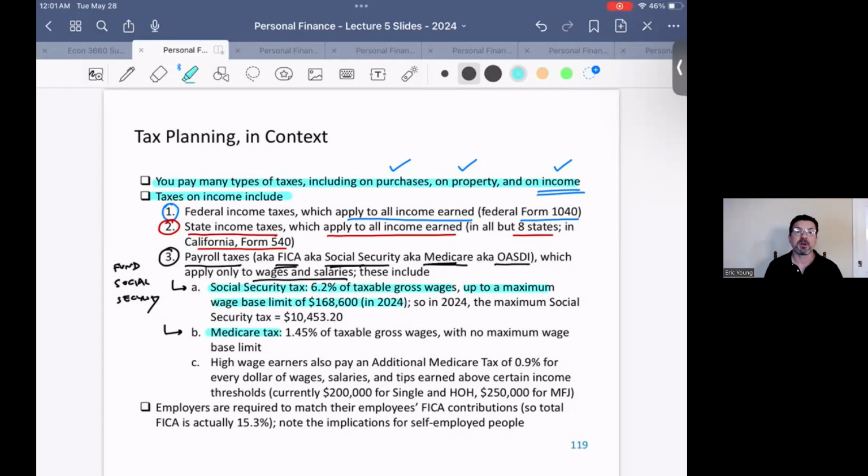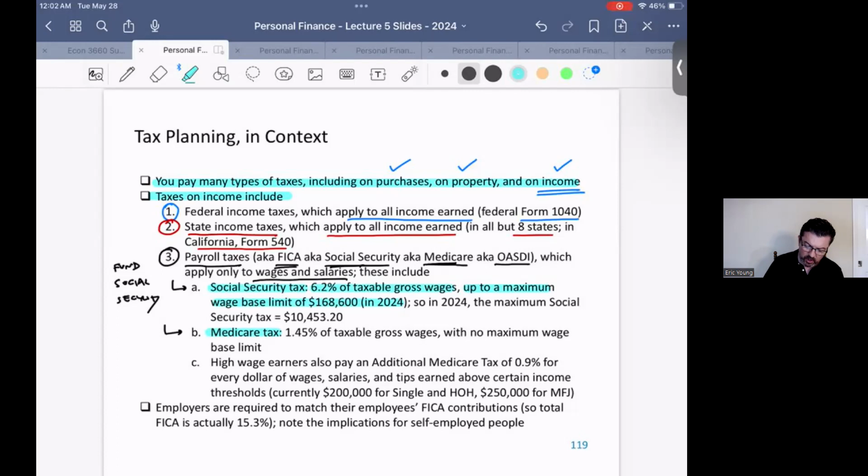If you make $168,000, the entire $168,000 is levied at 6.2% SS tax. But let's say that you made a salary of $200,000. You only pay 6.2% on the amount up to $168,600. Anything above that level has no SS tax on it.